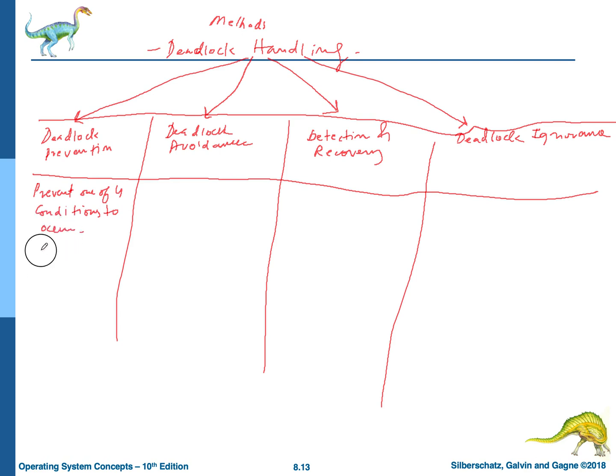What are those conditions? Number 1 is mutual exclusion. Number 2 is hold and wait. Number 3 is no preemption, right? Number 4 is circular wait.